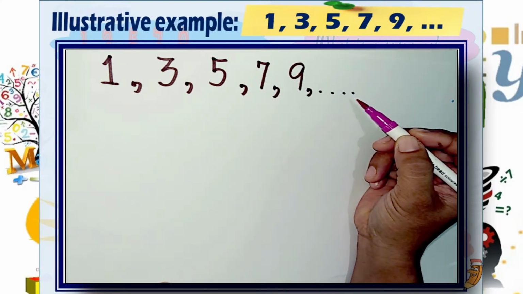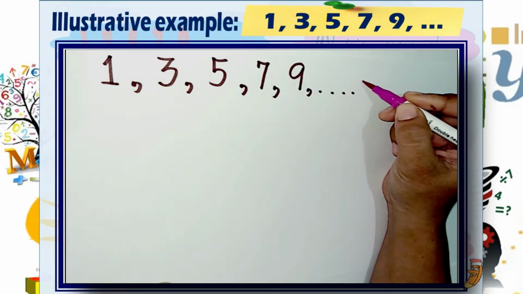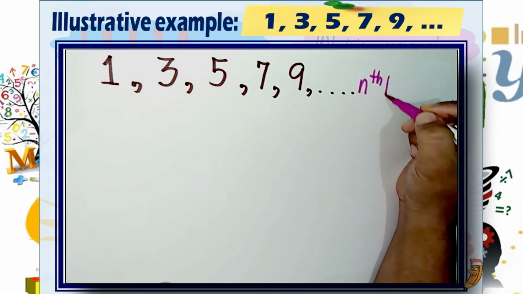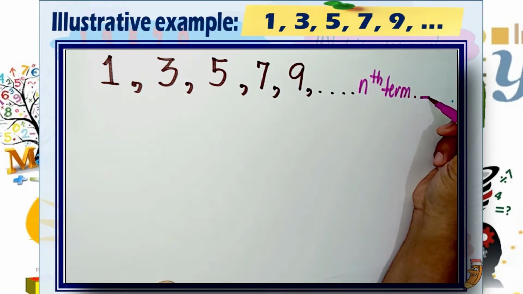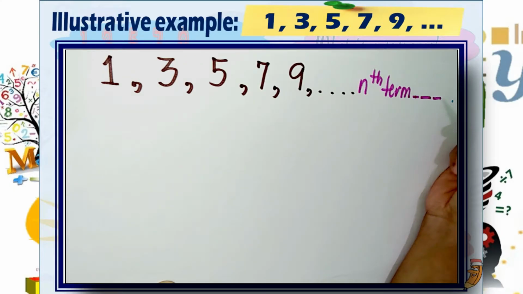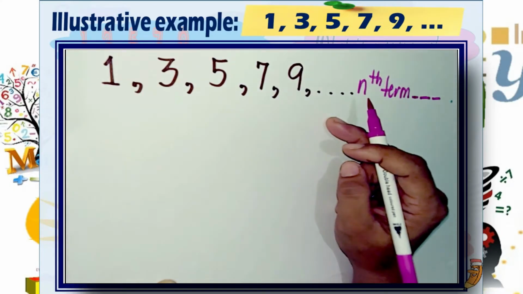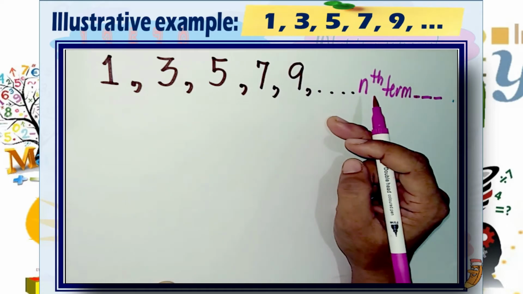Suppose you want to determine the nth term or the other terms in the sequence. What would be the pattern or the explicit formula that you are going to use?